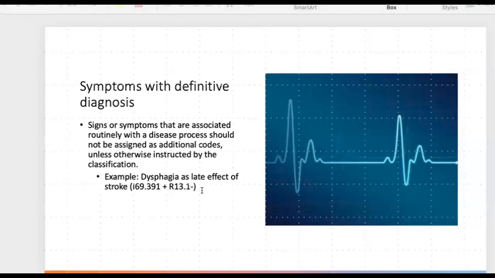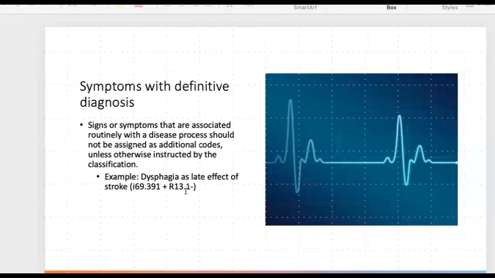The code is I69.391. Now, if you go to the tabular section of the book, you will see that there is an additional instruction saying, please specify the type of dysphagia that the patient is having because of that previous stroke.